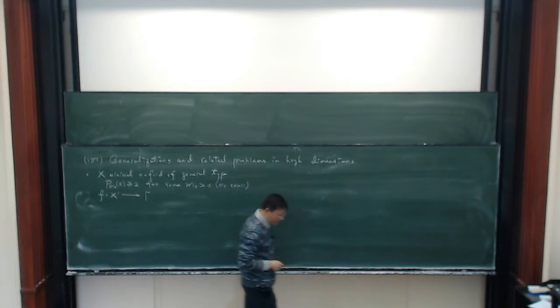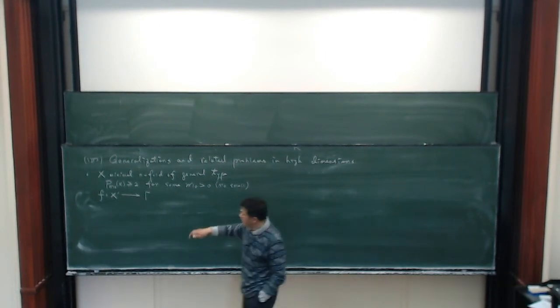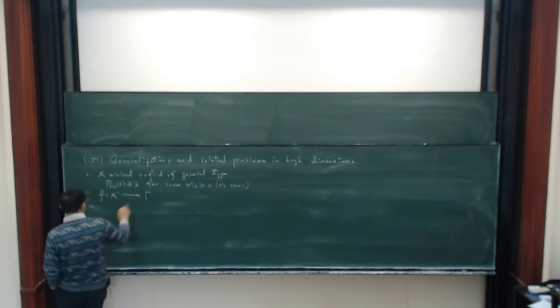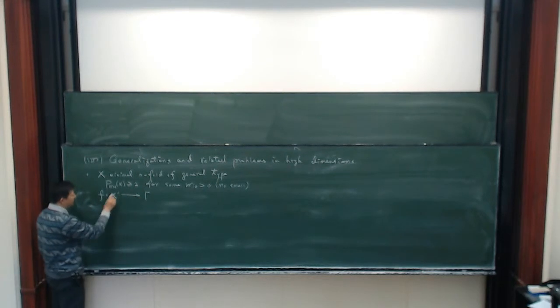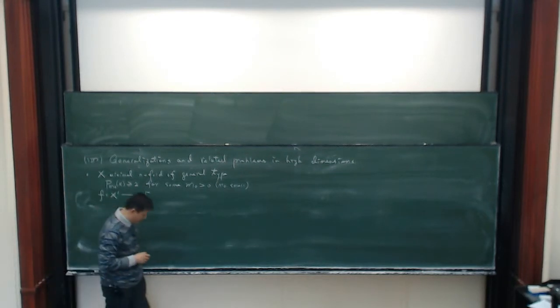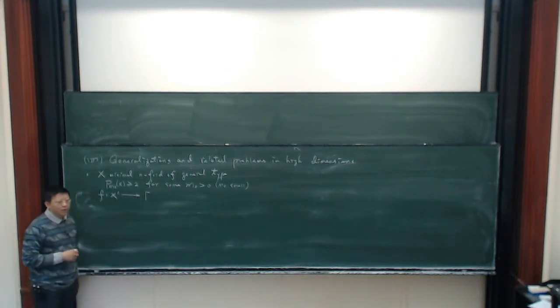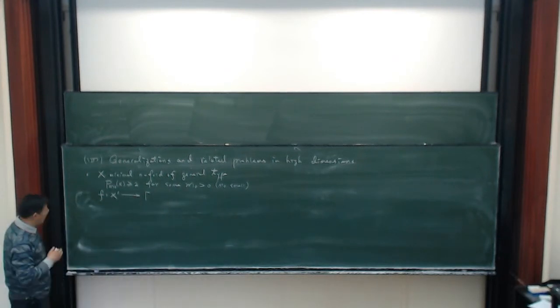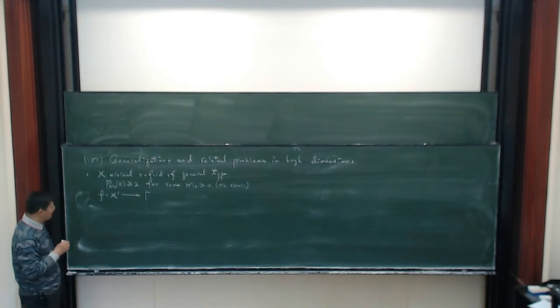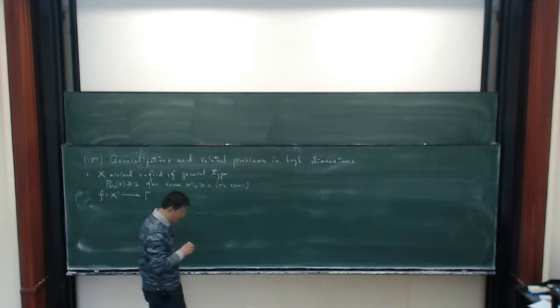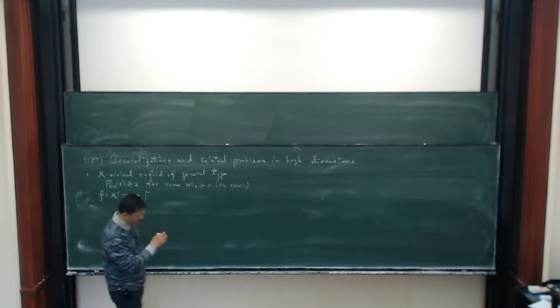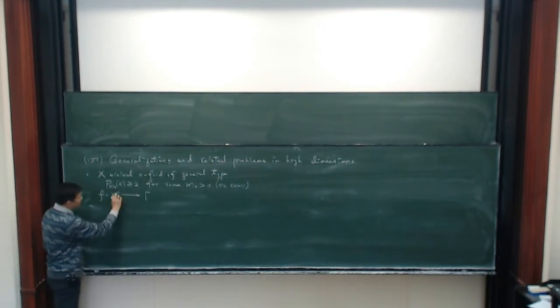So when this is generically finite or birational, the image has the same dimension as x prime, and then in this case, the fiber is a point. So in this case, I mean the volume to be exactly the number of points in the fiber.